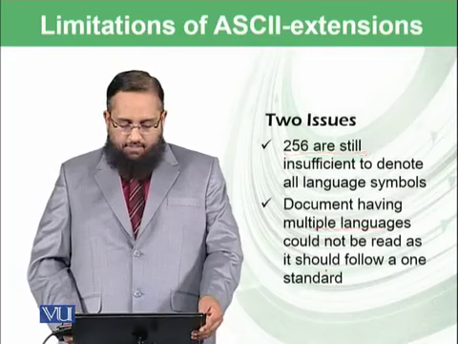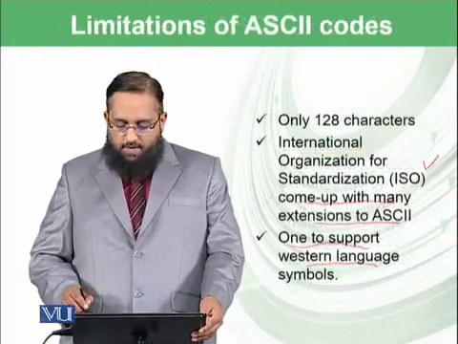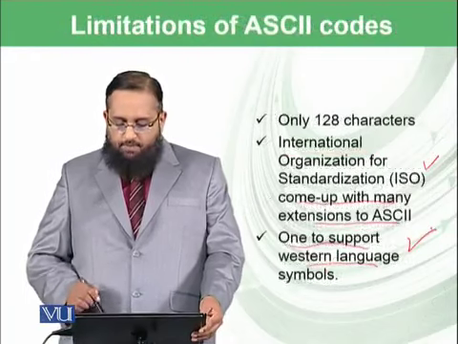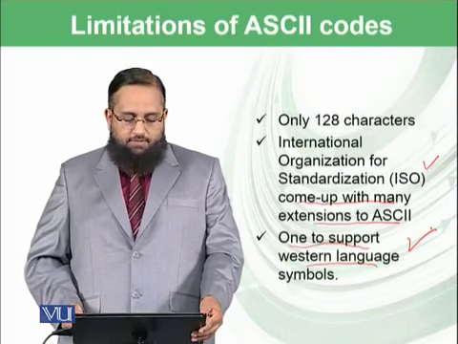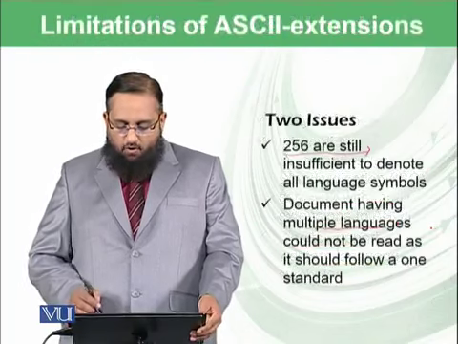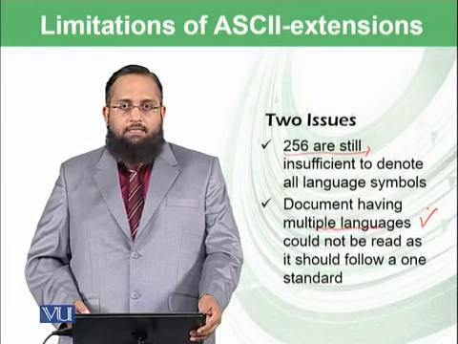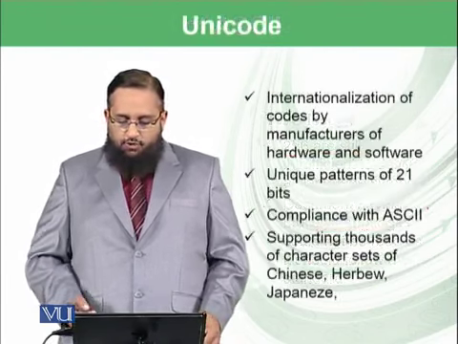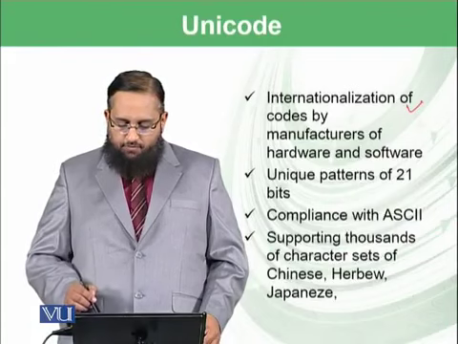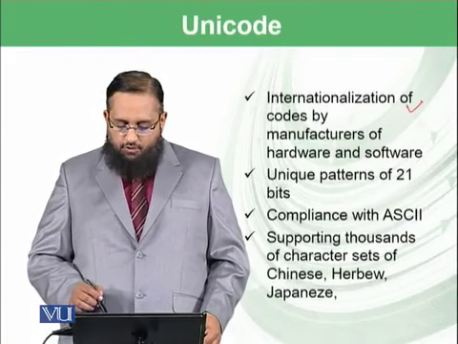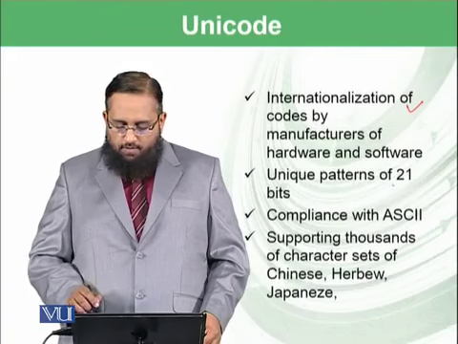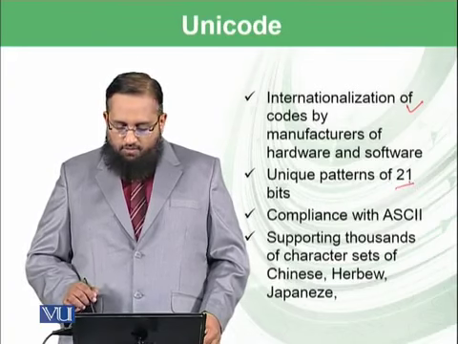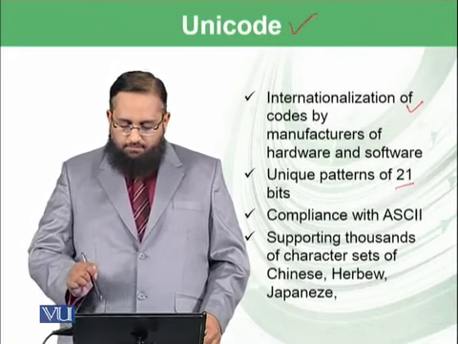As I mentioned, ISO defined different patterns for different Western symbols. If one document has multiple patterns, then that document cannot be read. So it should be internationalized. It was internationalized using unique patterns of 21 bits, and those are called Unicodes.